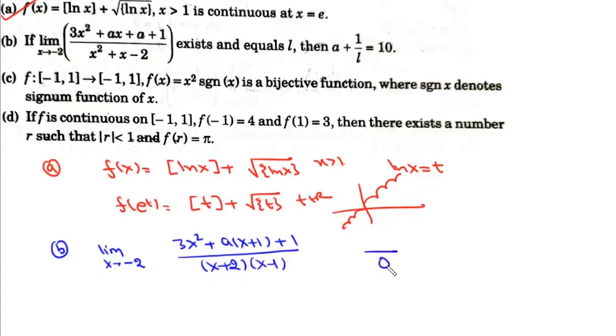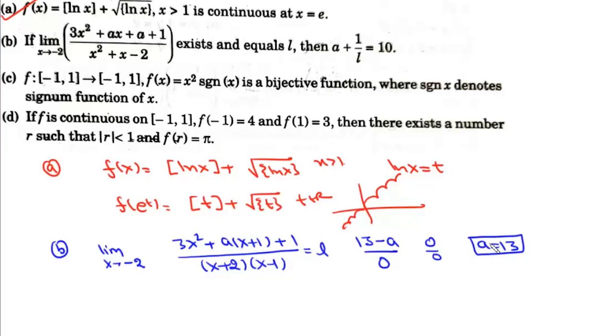Now this is 0, and the numerator if we put x as minus 2, it will be 12 plus 1, 13, and then minus a. Now this limit exists and is equal to L if it is an indeterminate form. That means it has to be 0 upon 0 form. So from here we can say value of a should be 13.